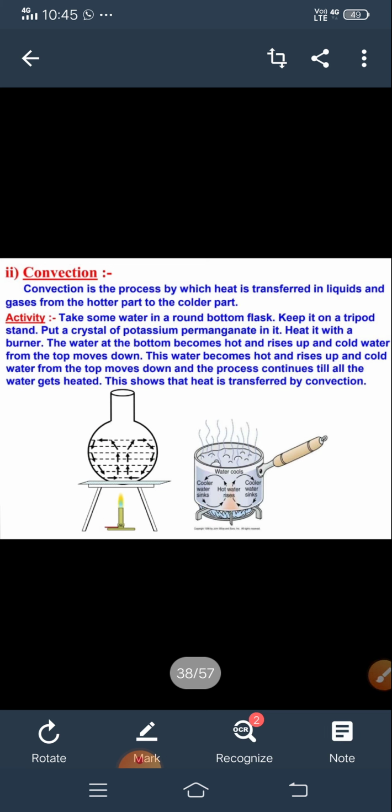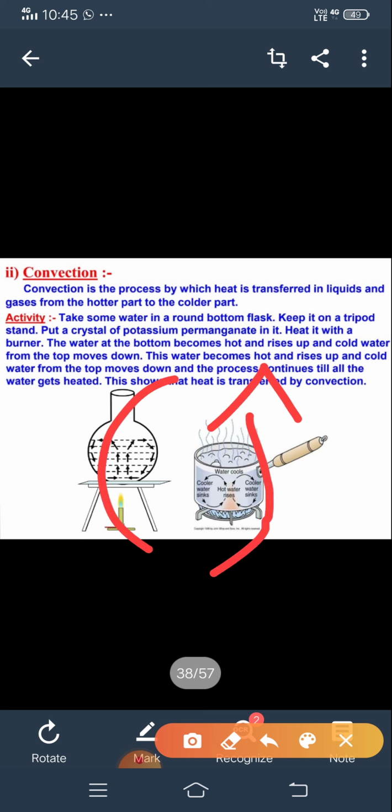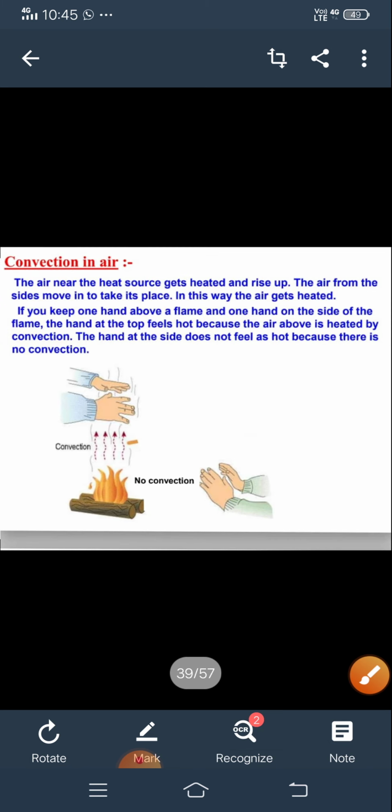This process continues until the whole water gets heated. This process is known as transfer by convection. Is it clear? Hot water moves like this and cold water moves like this.